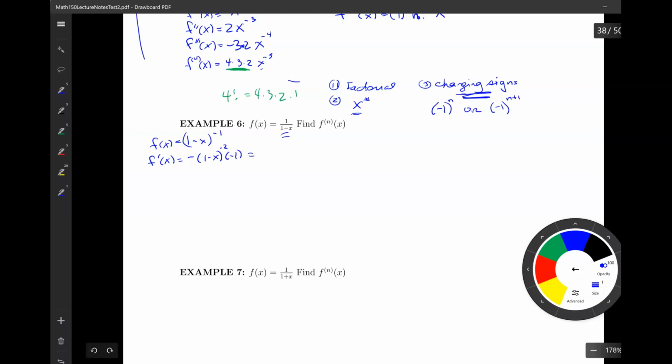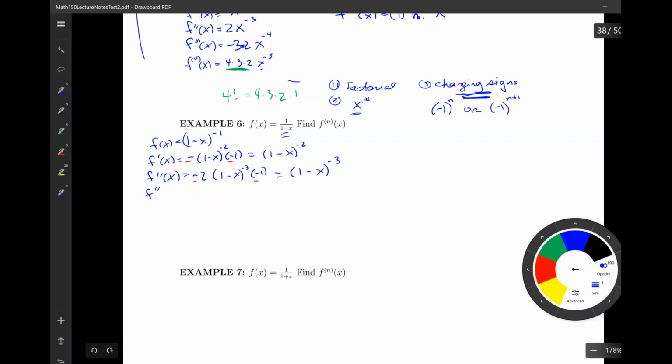If I take this negative and put them together, they make a positive. All right, second derivative. So this negative 2 comes down, 1 minus x to the negative 3. Just take the derivative of the inside, negative 1. Fix the negatives. Those two negatives make a positive. So I get 1 minus x to the negative 3.